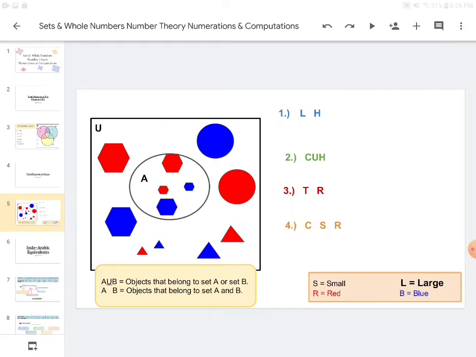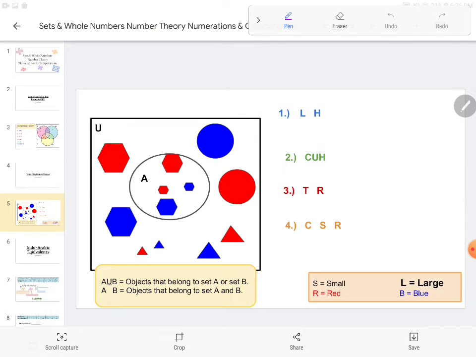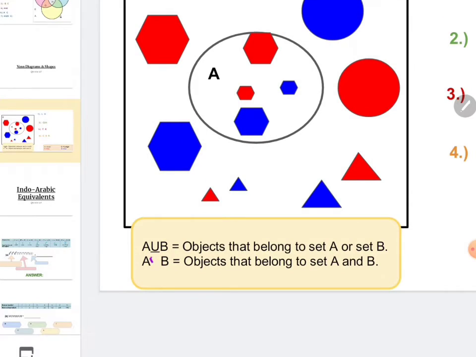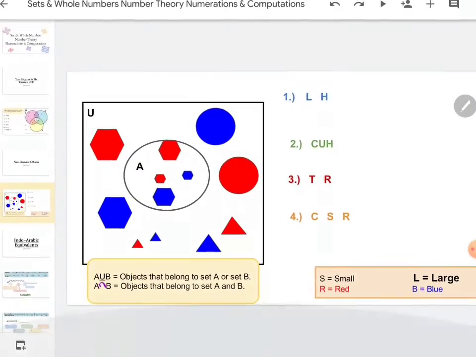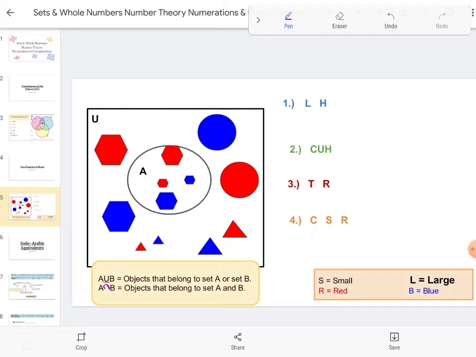Now if we look at our note from our last problem, we have our A U B, our A N B, and it's just the same concept, except with this problem you actually have more of a visualization of the images to help better understand the concept of U and the inverse U, or the N.